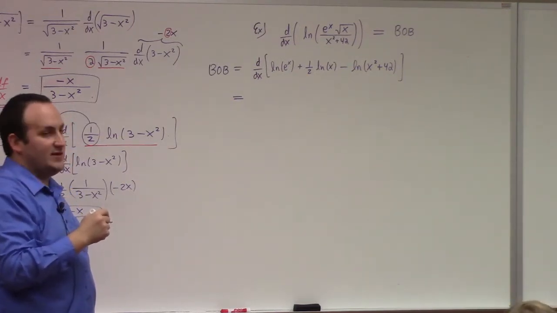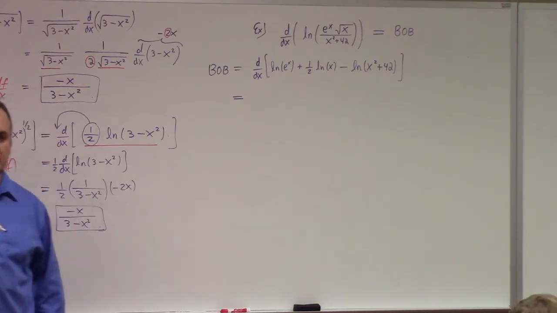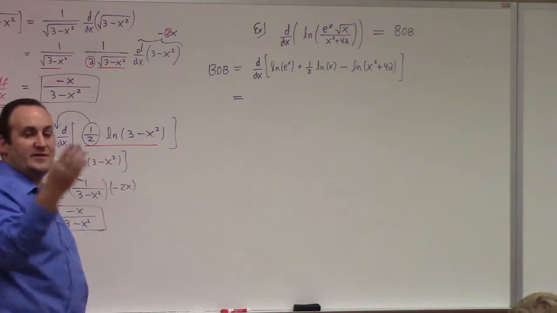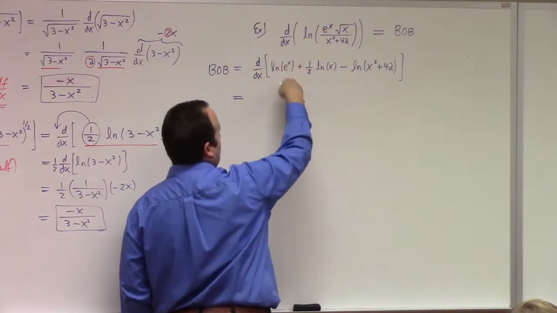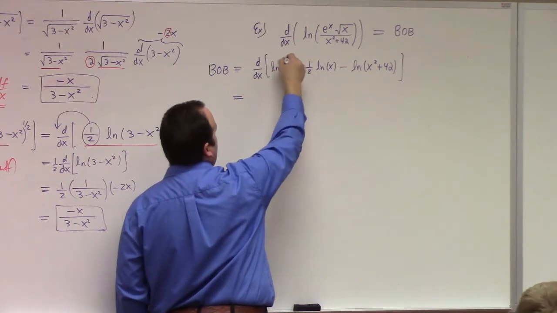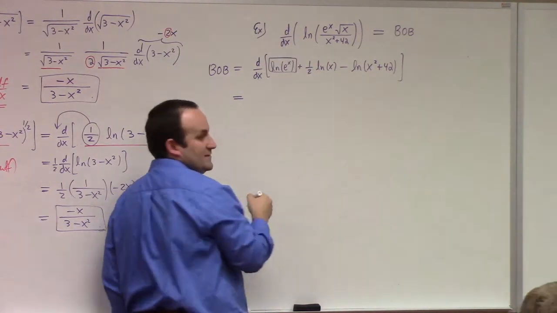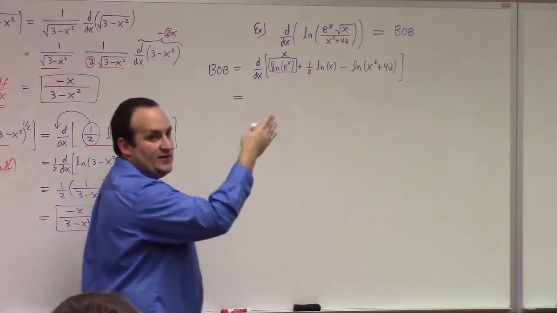What's the natural log of e to the x? Do I need to differentiate that, or should I first simplify that? The derivative will end up being 1, but before I differentiate, I can replace this with just x. Natural log of e to the x is just x.